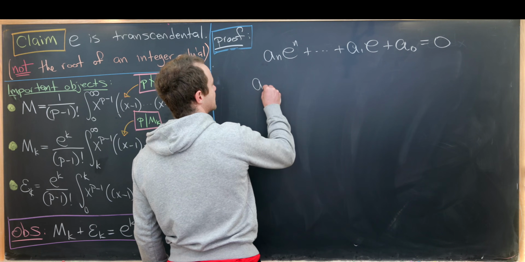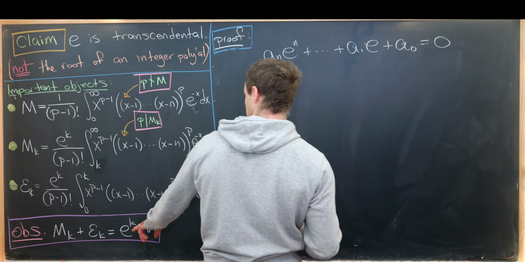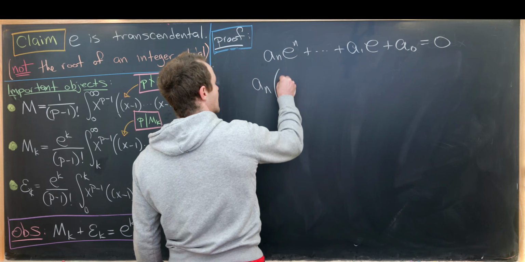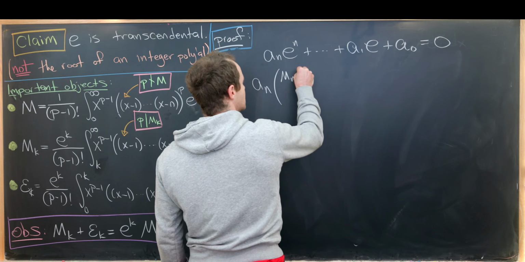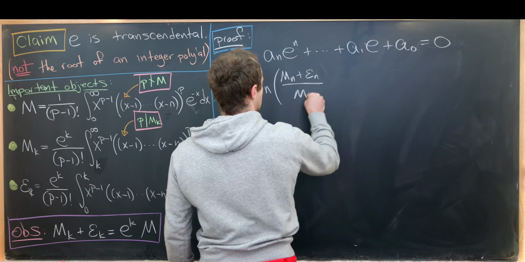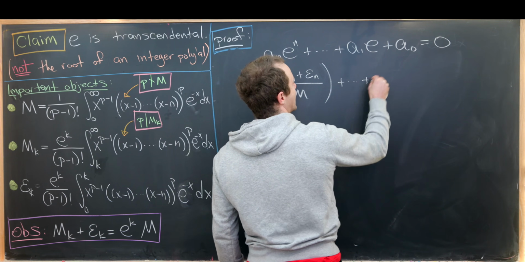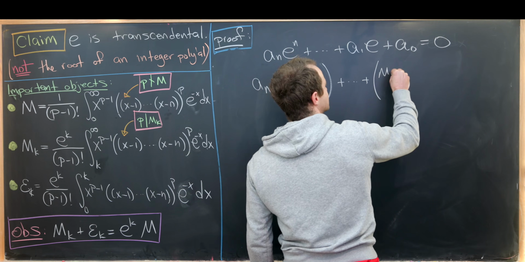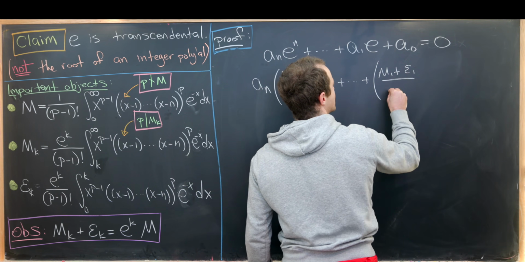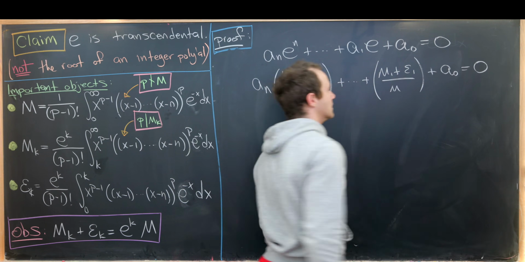So that'll give me something like this. We have a sub n, and then instead of e to the n, I'll write m sub n plus epsilon sub n over m, just solving that thing for e. And then that's going to go all the way down to this thing right here. We have m sub 1 plus epsilon sub 1 over m plus a naught is equal to 0.